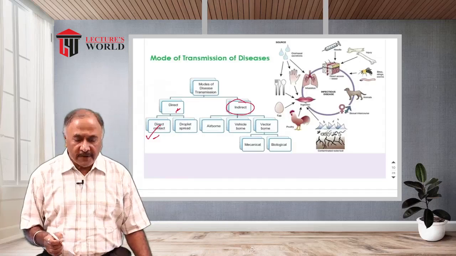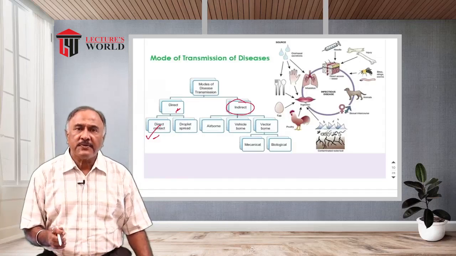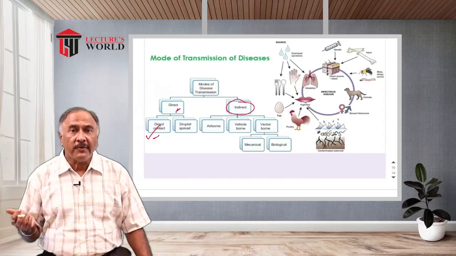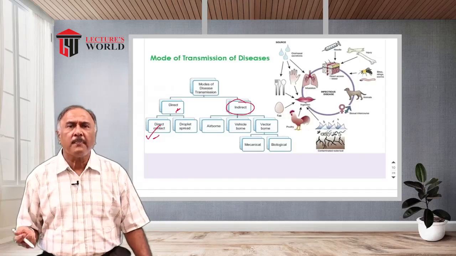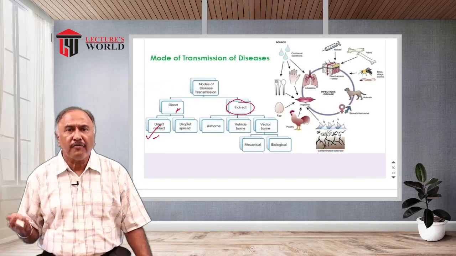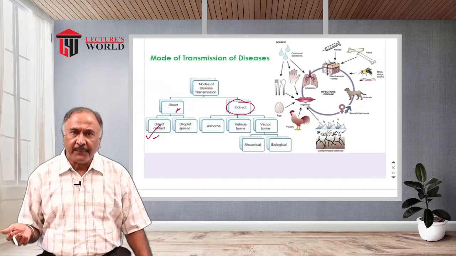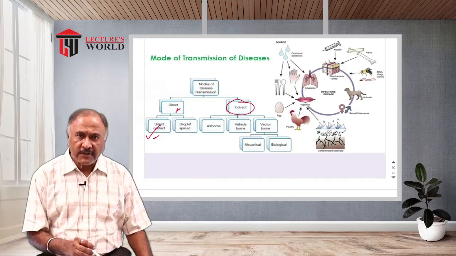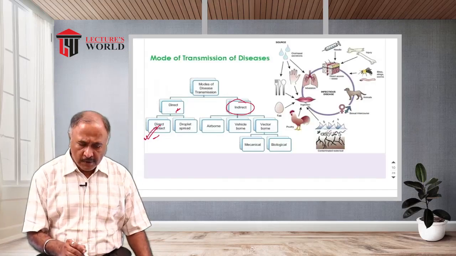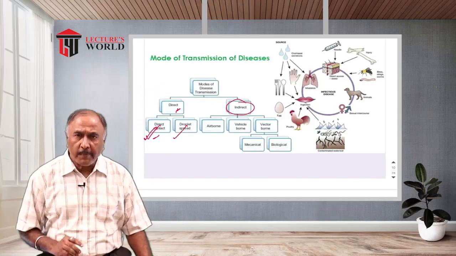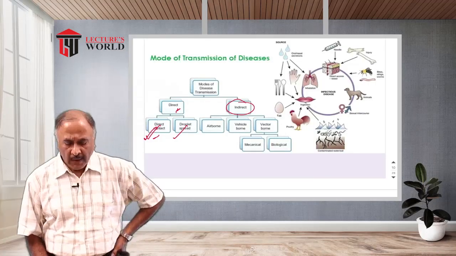It is a respiratory infection and the transmission is through droplets. These droplets can be formed either during talking, coughing, or sneezing. So, direct transmission can be direct contact transmission, or it can be a droplet spread.